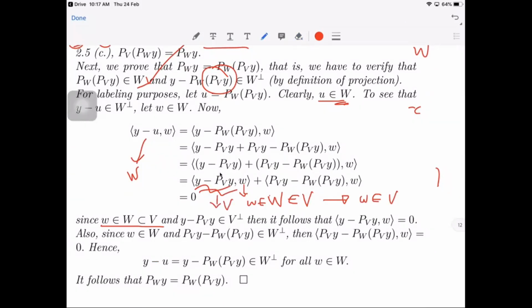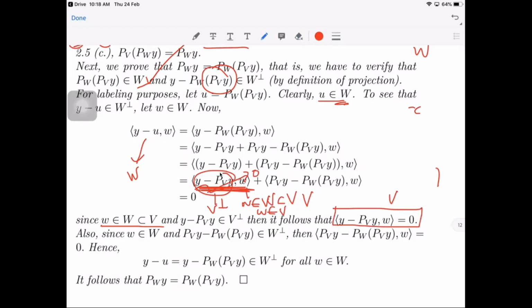Nani siya sa V perp by definition of projection, di ba? So, kining primero na inner product, kini siya nasa W, pero tungod kay subset sa V, naapon ni siya sa V, klaro man ni siya na naa sa V perp. So, naa siya sa V perp, naa siya sa V, so zero ni siya. Okay? So, it follows that this is zero.